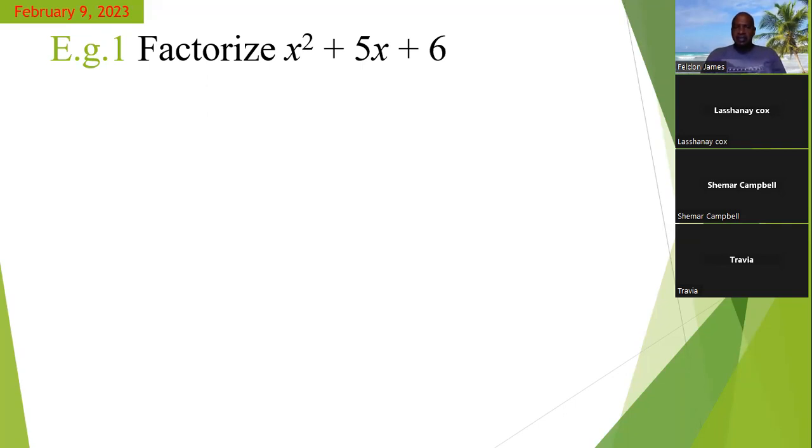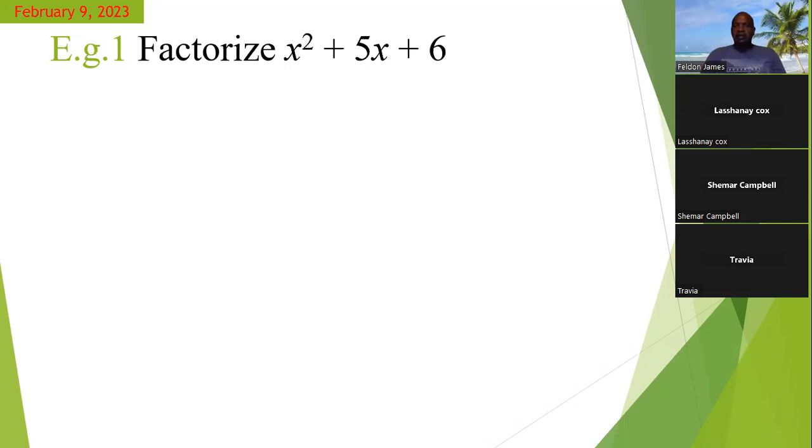So based on step 1, we need to find two factors of 6. Those two numbers that you multiply to get 6, the same two numbers, when you add them, you get positive 5.